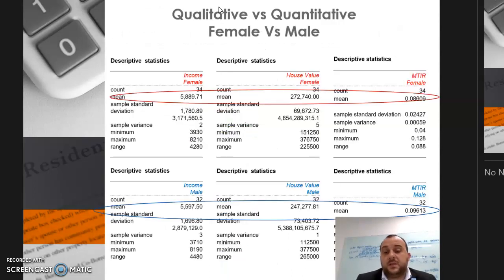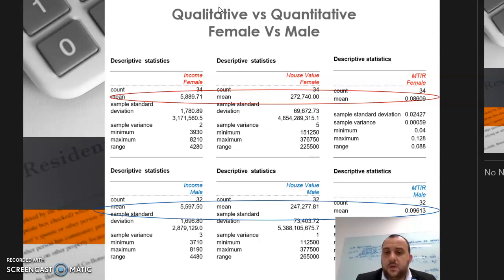Here we are discussing the analysis that we have conducted between qualitative and quantitative data. So female versus male. In the first column, you can see that the income related to female is much higher compared to the male.